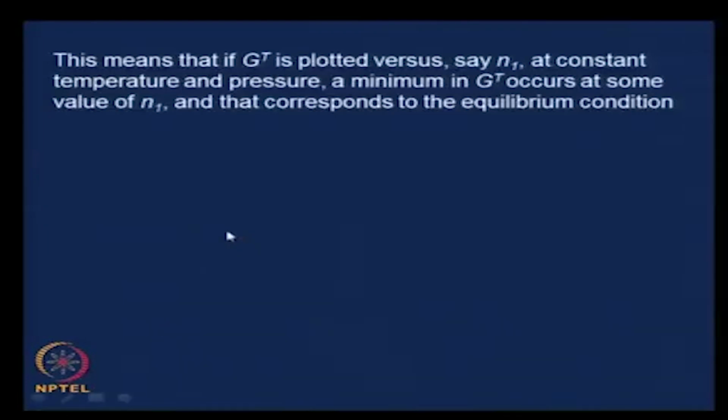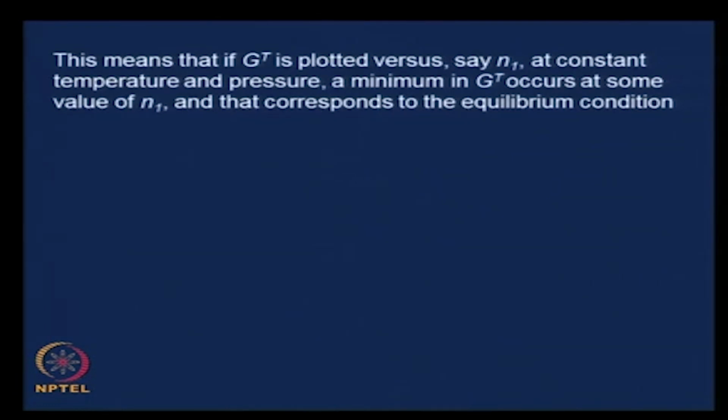This means that if GT, the total free energy, is plotted as a function of, let us say, N1, the number of moles of species 1, that is the only thing that we can represent on one coordinate, that is the only reason for taking N1.